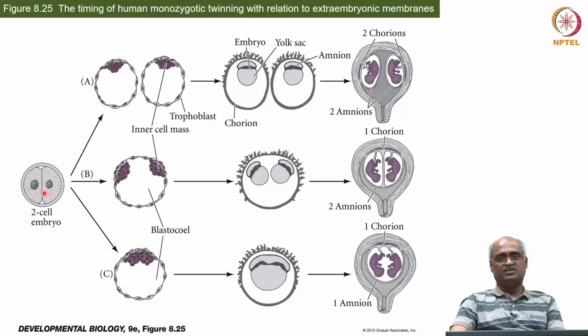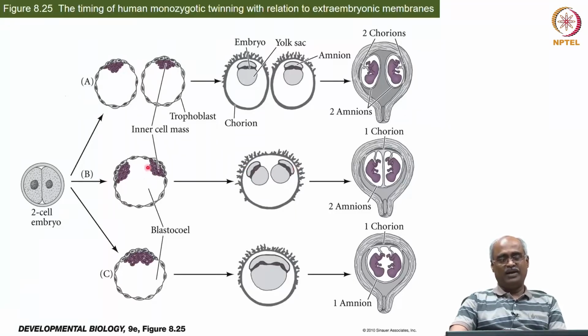Okay. Now suppose, let us say, the split happens later after the trophoblast formed and the inner cell mass split into 2 groups, and now they are going to make 2 epiblasts and hypoblasts, and as a result that epiblast, each of them, is going to give rise to 2 amniotic ectoderm, and therefore you will end up making 2 amniotic cavity.